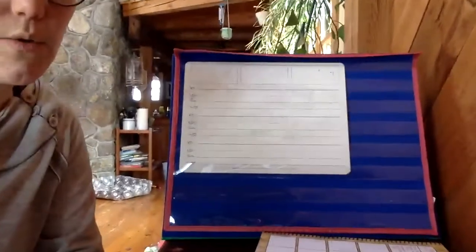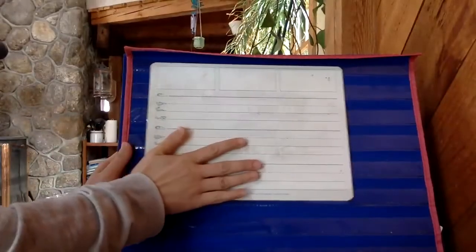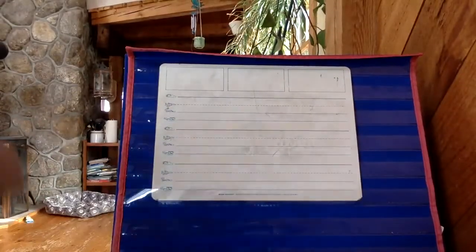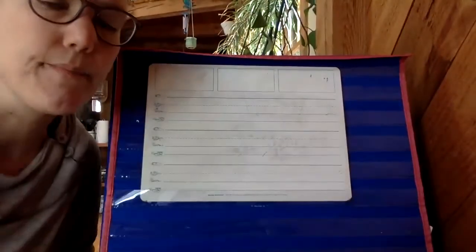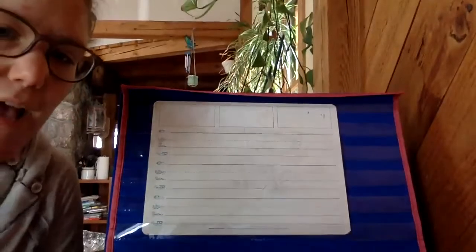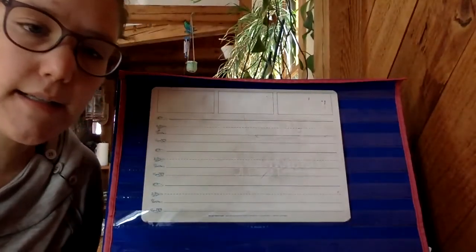All right, I'm gonna move my computer so that you can see my board. And we're gonna start with the word shells. And I want you to think to yourself, shells. Does that word have a suffix S on it?